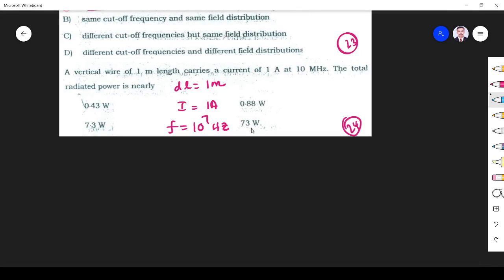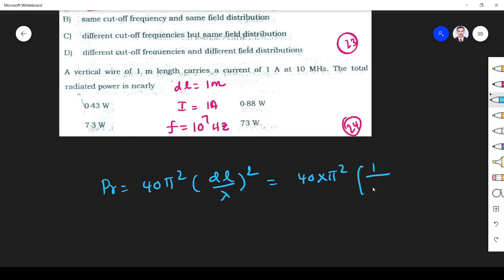So we know total radiated power is given by 40 pi squared into dl by lambda whole square. 40 pi squared, dl is 1 meter, lambda is c by f, c is 3 into 10 power 8, f is 10 power 7, whole square. If you simplify, what you get is 0.43 watts. So the answer is option A.